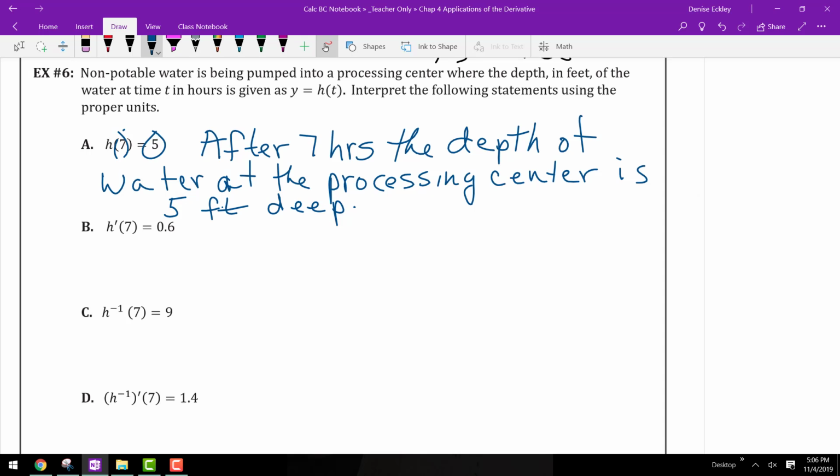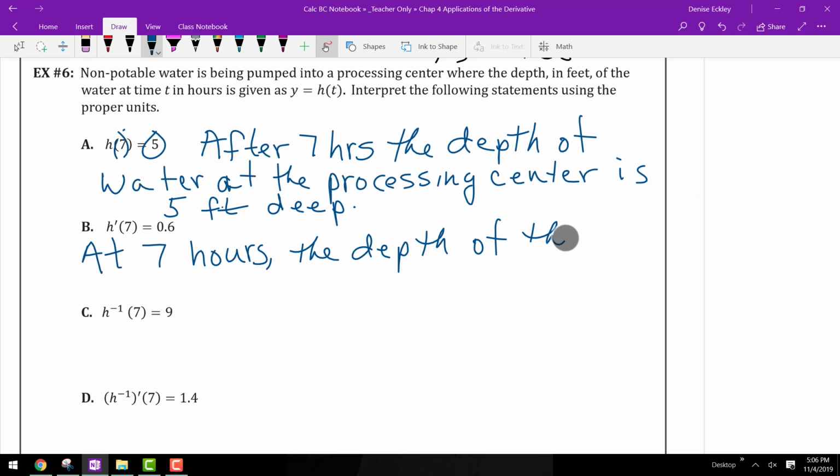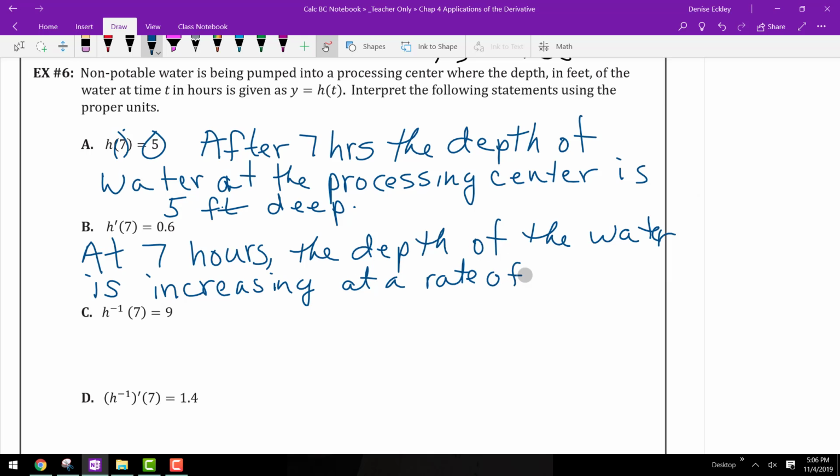Okay, for part B then, we have the derivative at 7. So now we're talking about the rate of change of the depth of the water. And so at 7 hours, the depth of the water is increasing, because the 0.6 is a positive number, at a rate of 0.6 feet per hour.